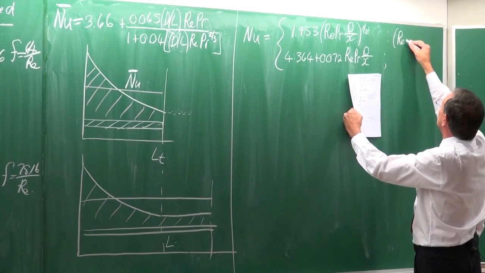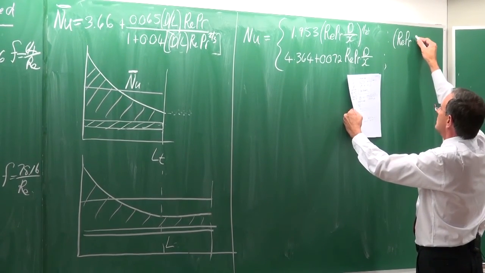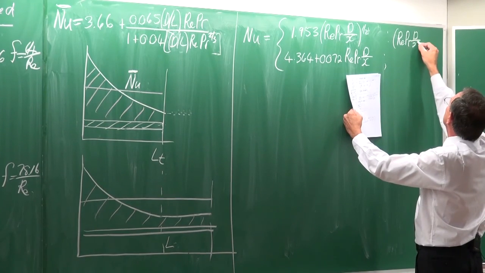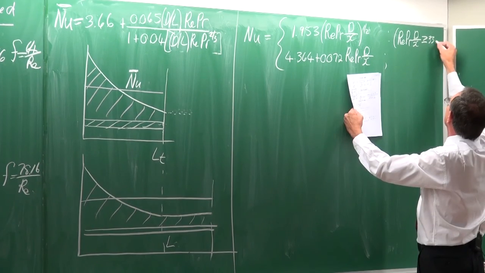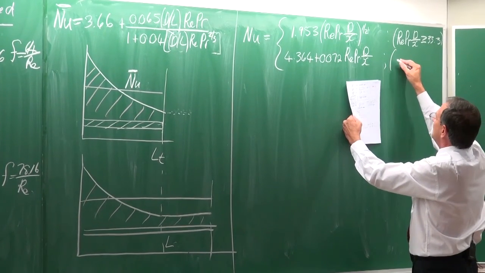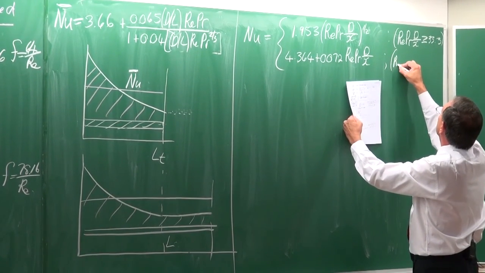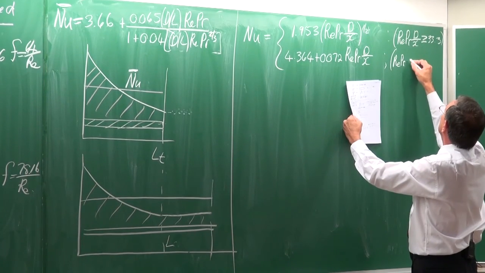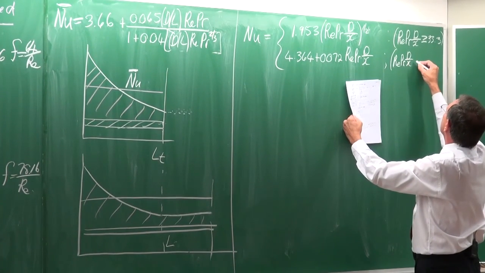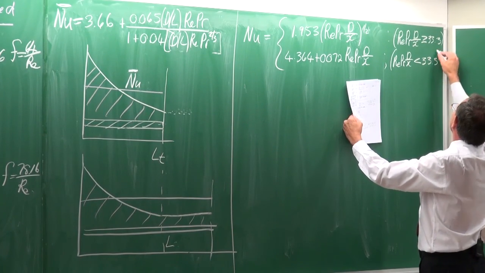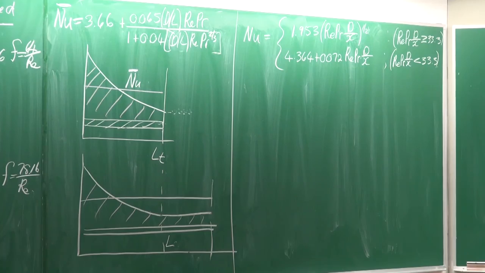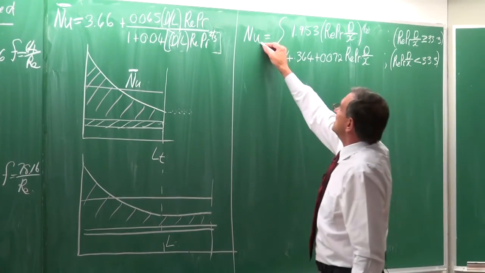The first one for the Reynolds multiplied by Prandtl multiplied by d divided by x, if that is larger than 33.3, and if it is smaller than 33.3, then you use the other equation. Okay. So this is the equation for constant heat flux.